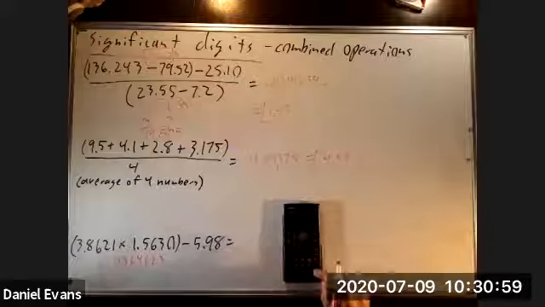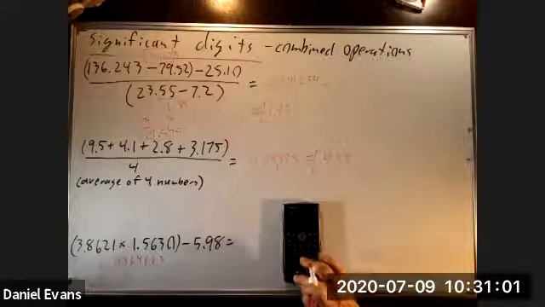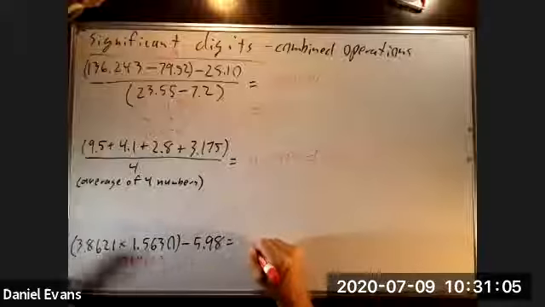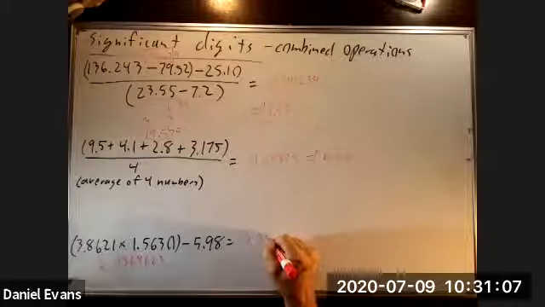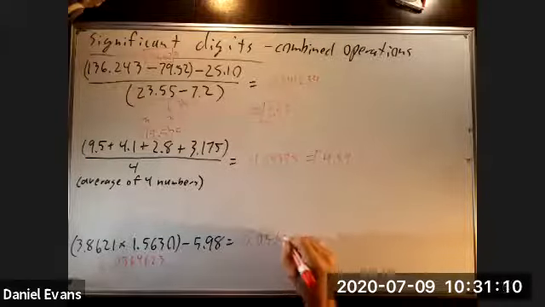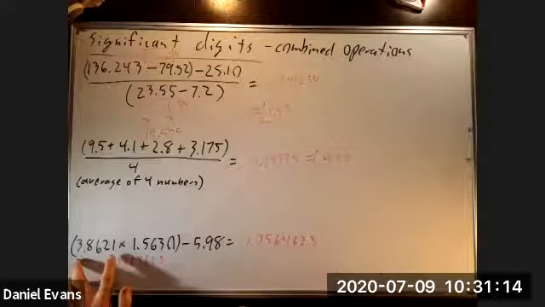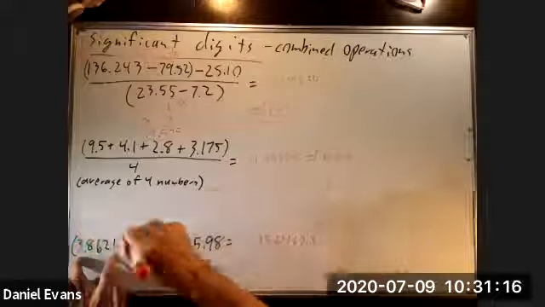Now complete it, minus 5.98 equals, that gives 0.05646623.